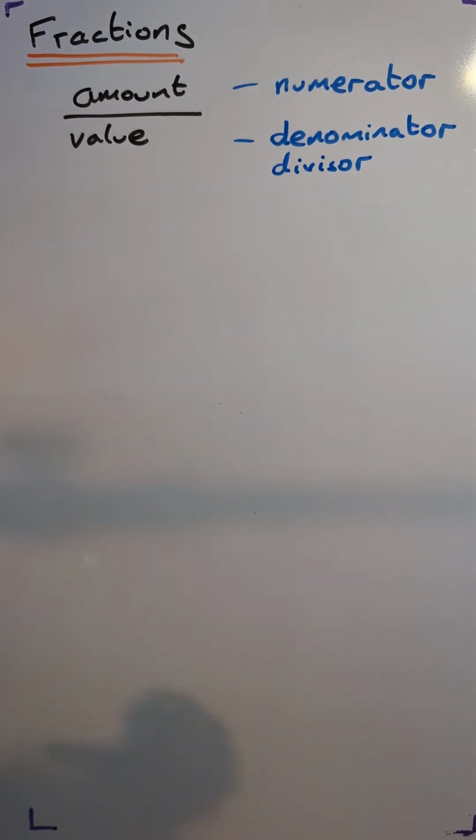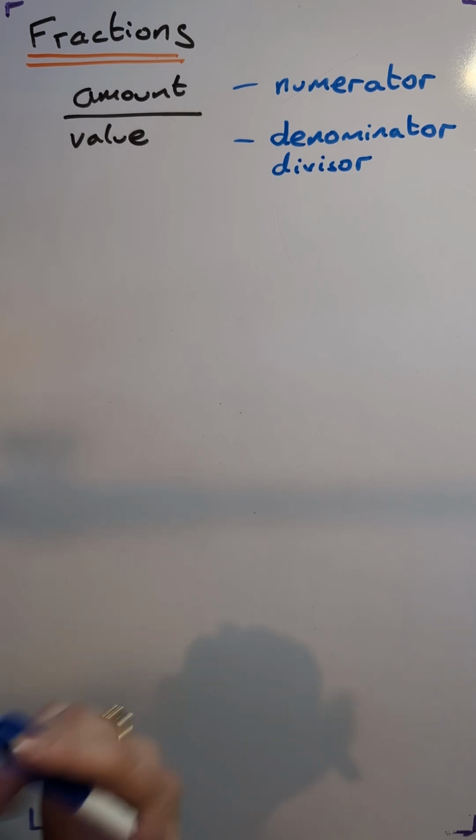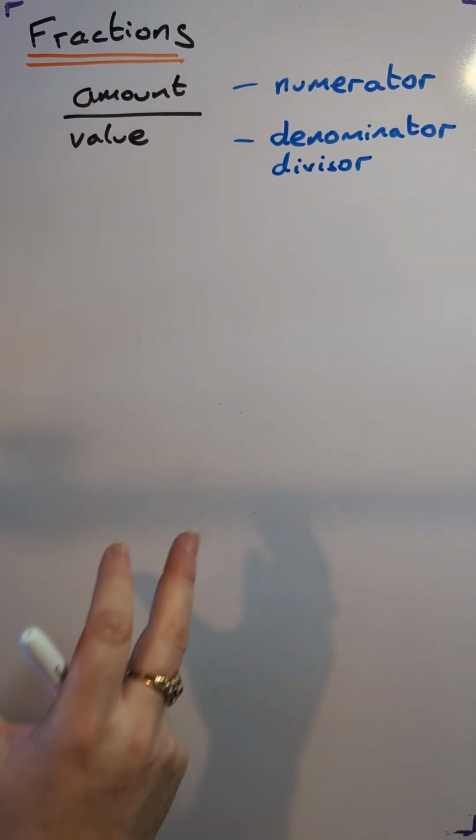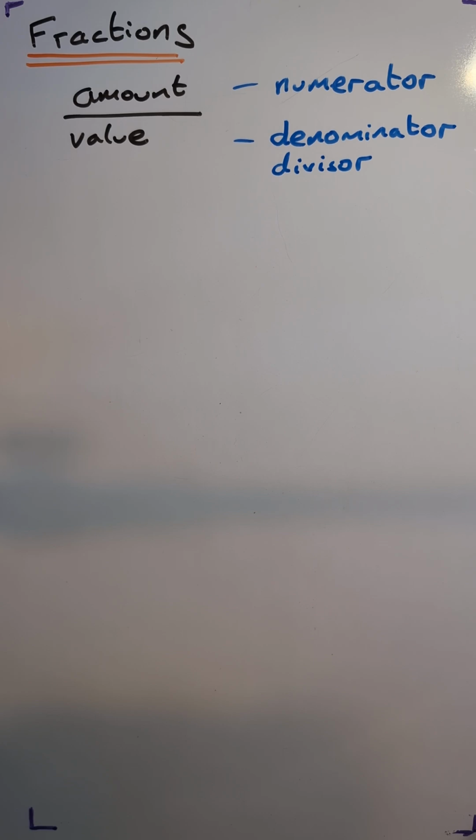These are words that will not come up to explain numbers in the test. You will not be asked to memorize these, but I would ask you to try and remember that the denominator's on the bottom, the divisor, the thing you're dividing by, is on the bottom.